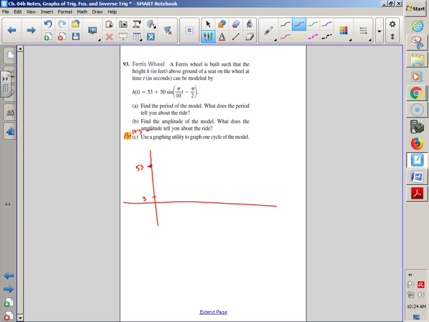So what must be weird is they must actually have like the platform, like you go up the stairs to the platform and you get in. Oh, you can't see that, can you? They must have stairs that you go up and then you get in the Ferris wheel here, and so the Ferris wheel goes this way and then the ground's down here, which is weird. Who would make a Ferris wheel like that? At California Adventure, you totally get in at the bottom, right? Which should have been a negative cosine curve.